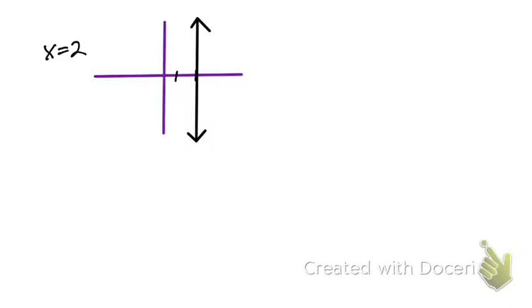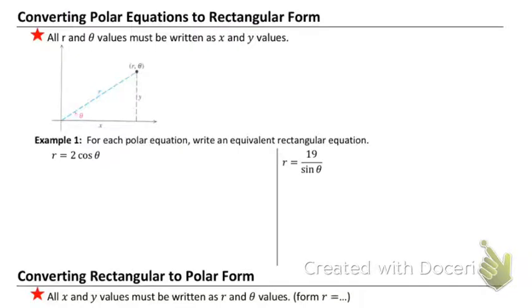All right, then on Friday we converted polar coordinates to rectangular coordinates. And we converted rectangular coordinates to polar coordinates. Today what we're going to do is convert polar equations to rectangular form, or rectangular equations.